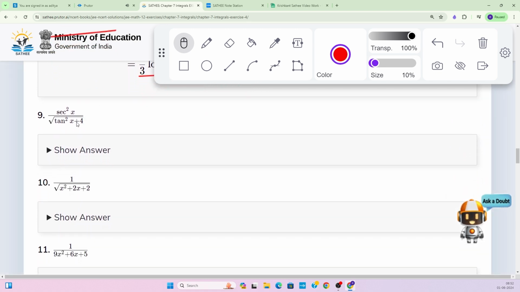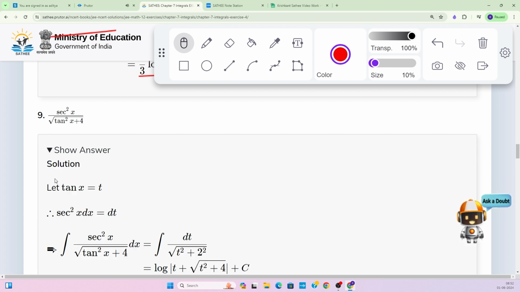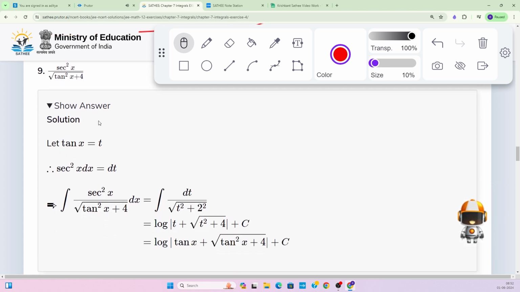Now this. As you know, if you take tan x as your t, then the derivative of tan x will be what? Sec square x dx equals dt. So you can directly replace your numerator. So tan x equals t.